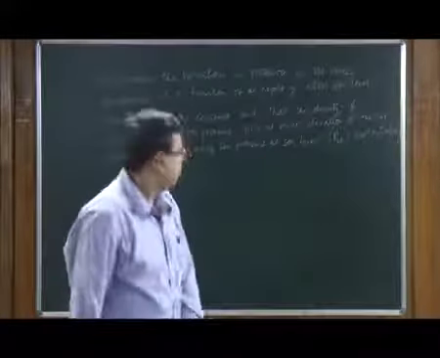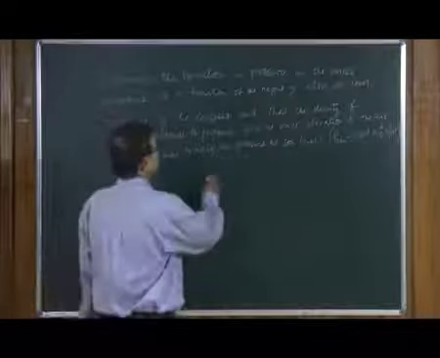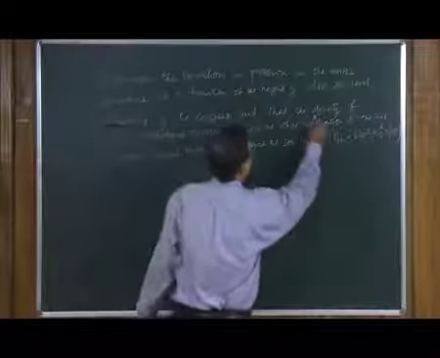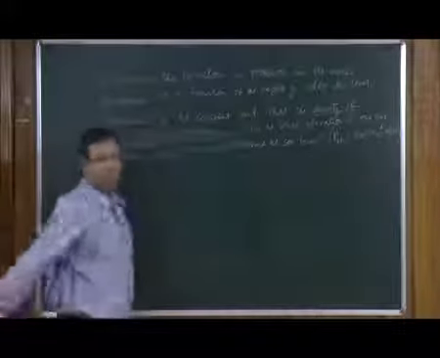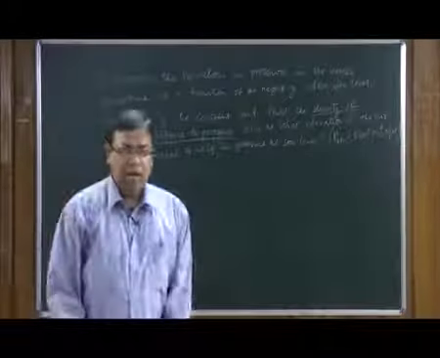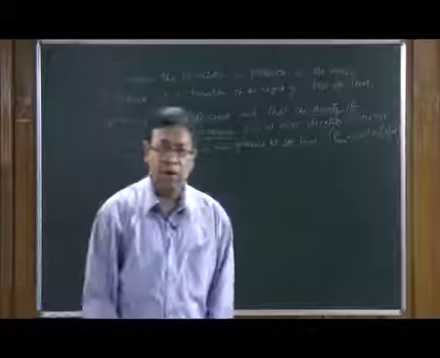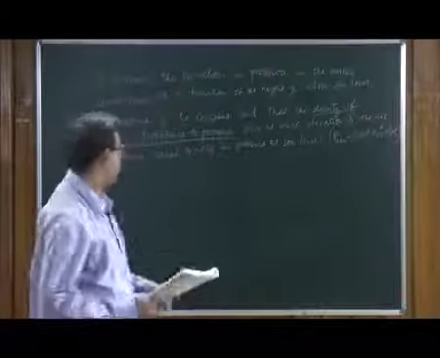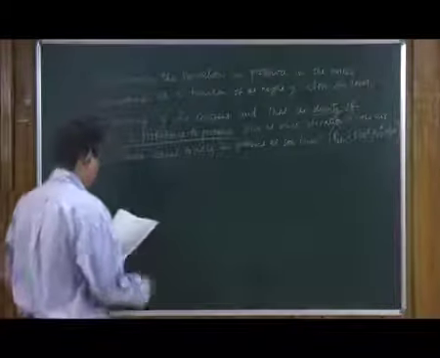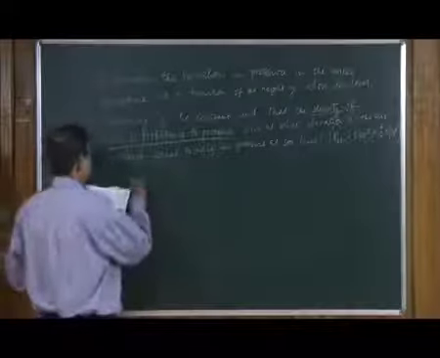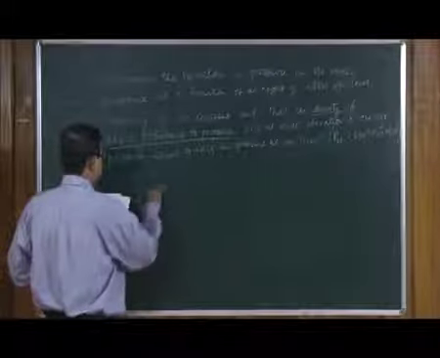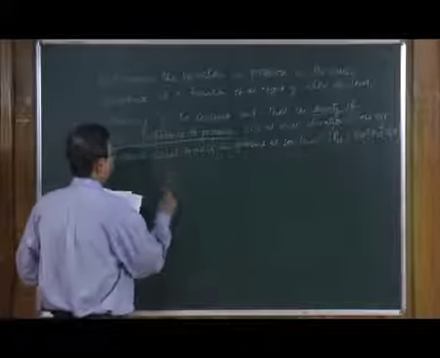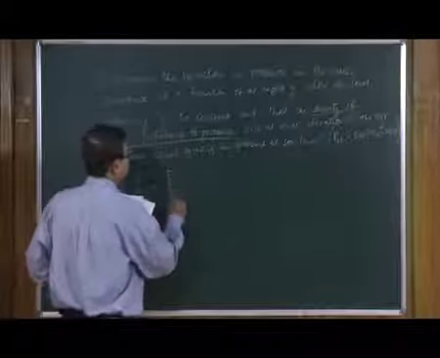Okay. So, the clue is given in this part that the density of air is proportional to pressure. This you would learn in a different context, we will not go into that. We will take this data and write that rho by rho 0 is equal to P by P 0.